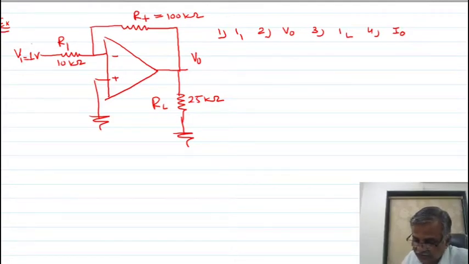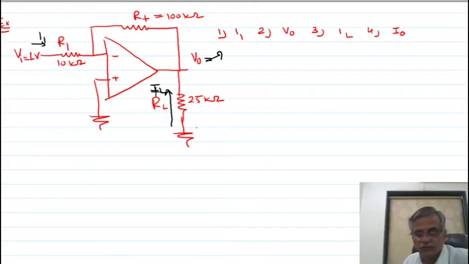Find this current I1. Second, find this voltage, the output voltage VO. Third, find this load current IL. Fourth, find the current going inside the output pin of the op amp IC. This is the question they are asking you.